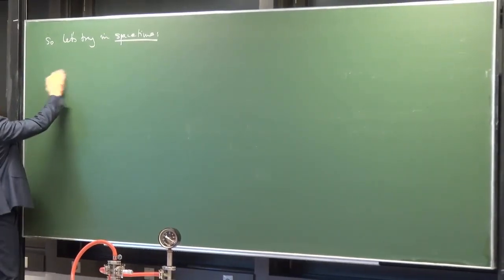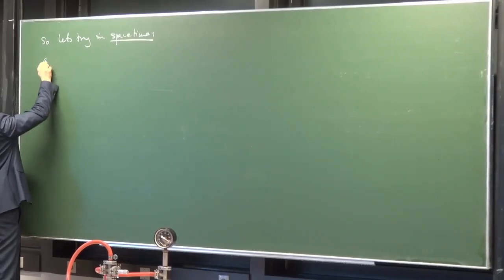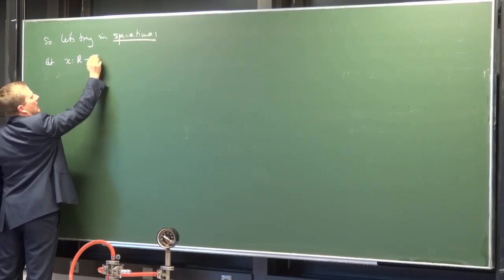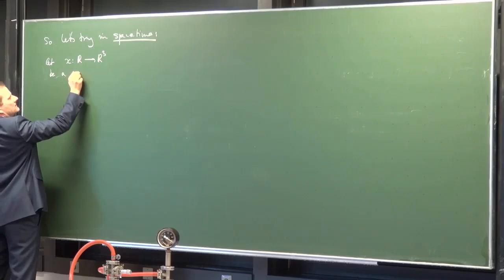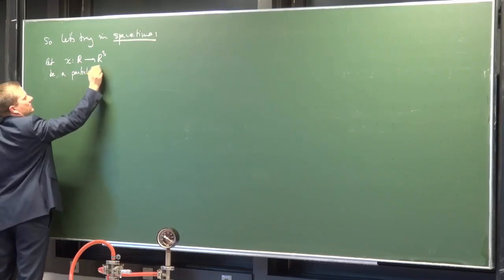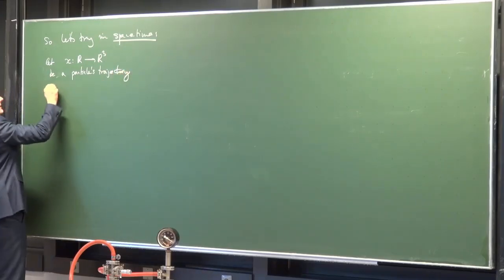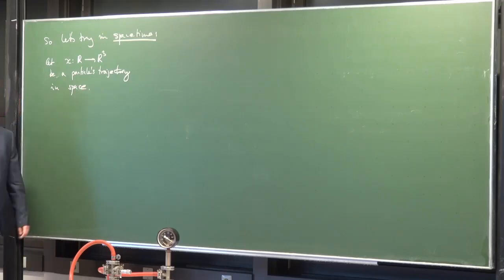Well, the first thing we need is to convert the data into the right form. So let x from R to R3 be a particle's trajectory in space. So this is the usual picture.